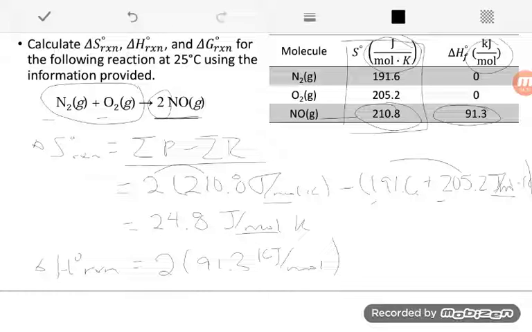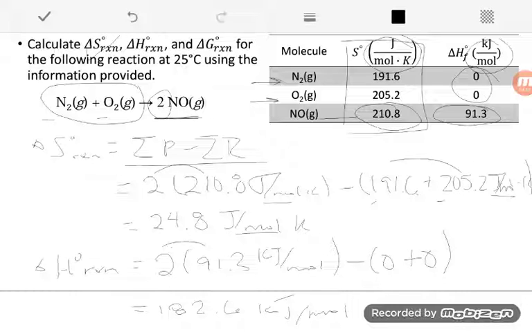Delta H for any molecule or any element by itself, like N2 or O2, it's always just 0. Super easy. So I'm going to do minus 0 plus 0. That's nice. And so really I'm just doing 2 times 91.3, so I get 182.6 kilojoules per mole.